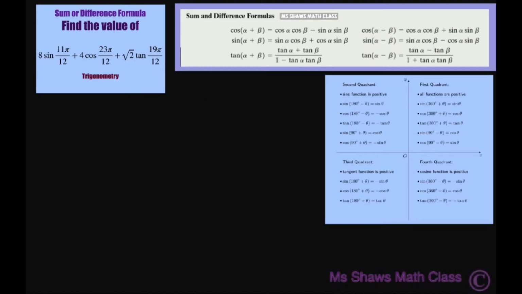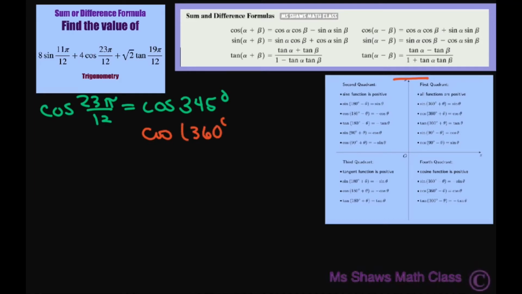For cosine, we have cosine of 23 pi divided by 12. Well, this just equals, if you convert it to degrees, cosine of 345 degrees. All right, now to use my reference angles here, I can write this as cosine of 360 degrees minus 15 degrees.